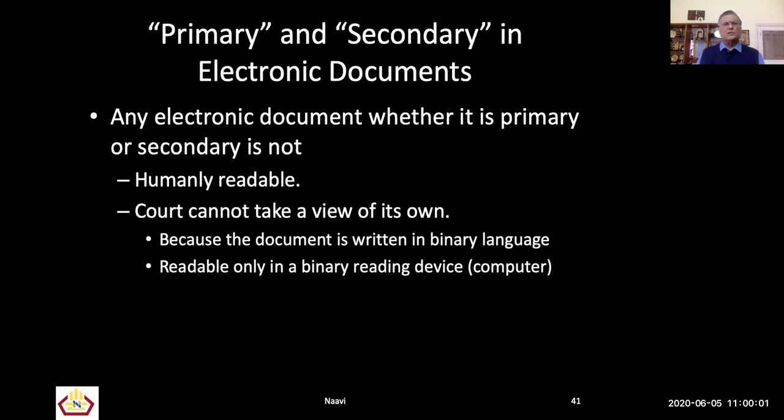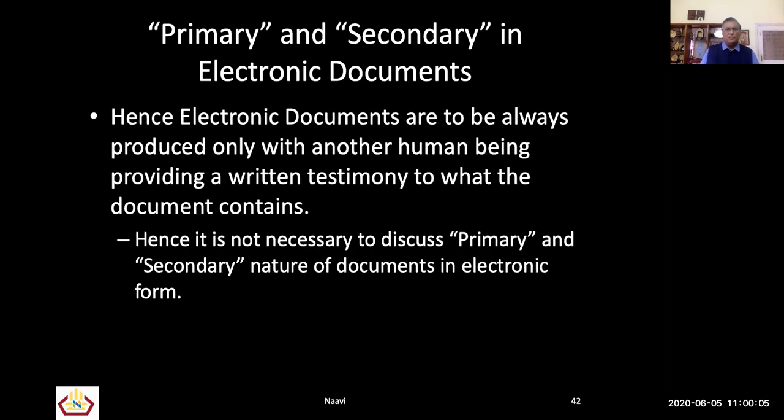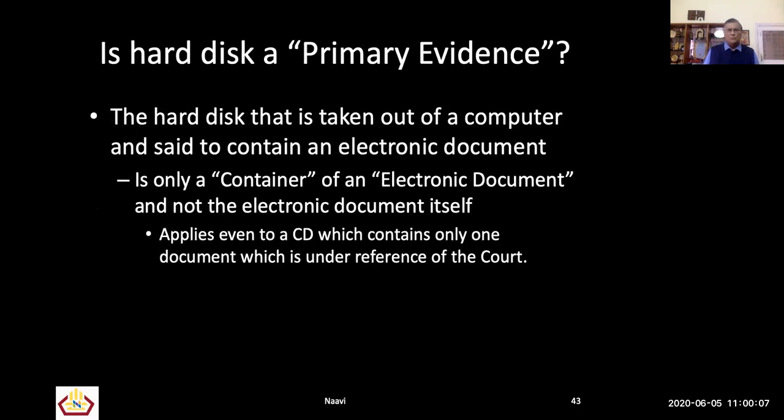The special provisions are written in section 65B. Now, there are many instances when people refer to a hard disk and say, this is the original evidence. That is not the original evidence. The original evidence is sitting inside the hard disk in the form of certain binary impressions. If it is a hard disk, it may be magnetic charge impressions.